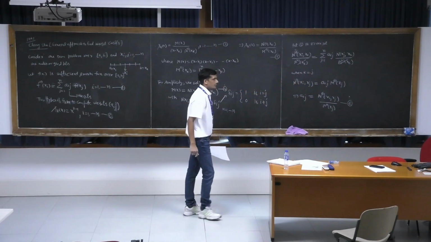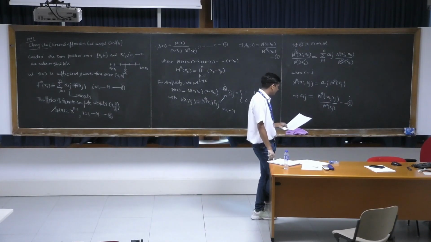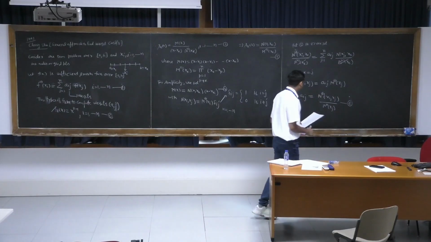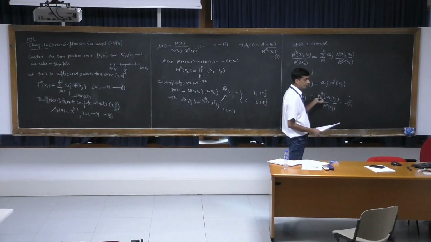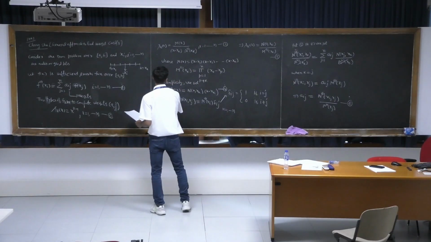Now because this is number 6, aij we have, we need the value of this quantity. From where? From here.